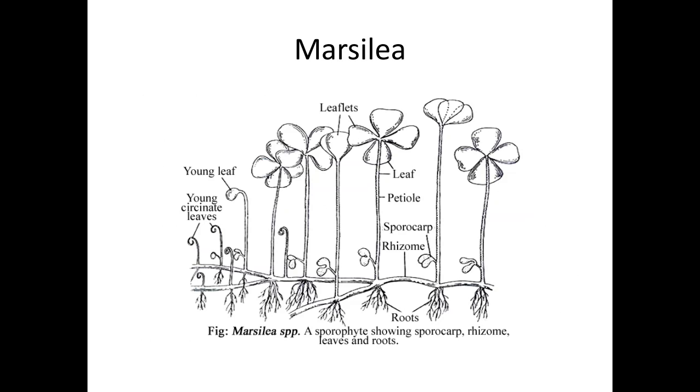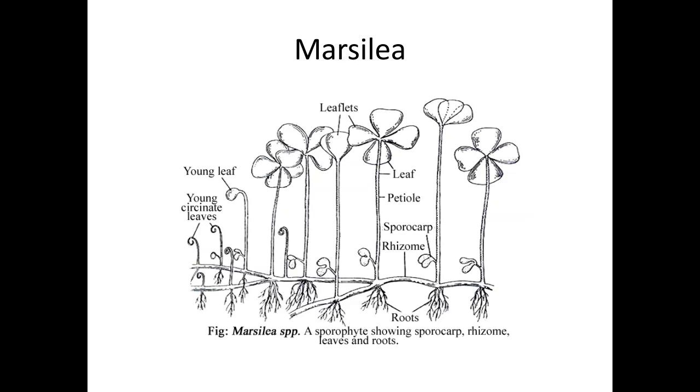Here the sporocarp is generally produced in the axil of the leaf, and the leaf is generally of the quadrifoliate type, and the sporocarp is heterosporous. It consists of two types of sporangia, microsporangia and megasporangia.